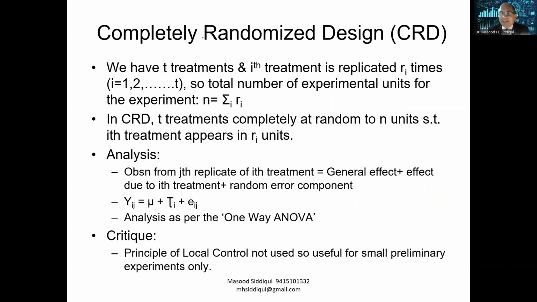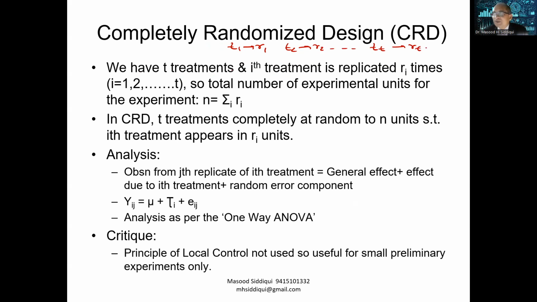Now, we are discussing the layout and the concept of the completely randomized design, that is the CRD. Suppose we have t treatments, and the ith treatment is replicated r_i times. Means T1 treatment is repeated r1 times, T2 is repeated r2 times, and in the same way, Tt is repeated rt times, right?